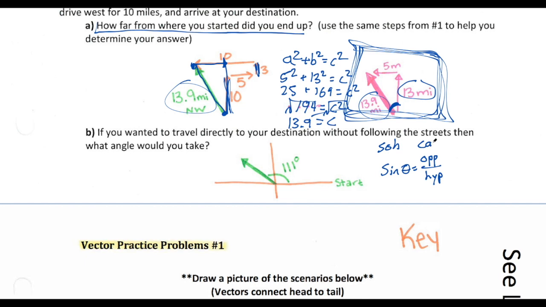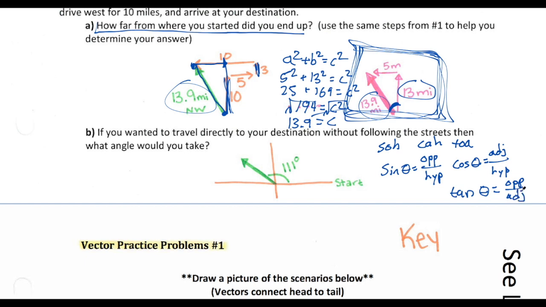CA stands for cosine of theta equals my adjacent over my hypotenuse. And then TOA represents tangent of theta is my opposite over adjacent.